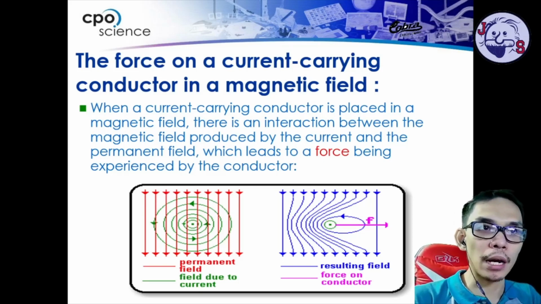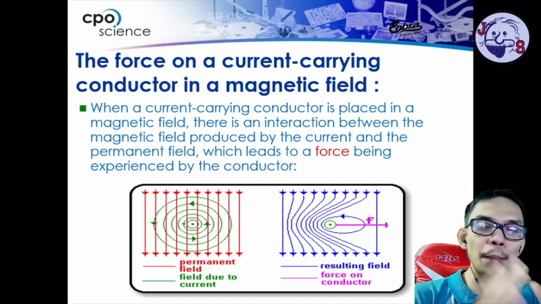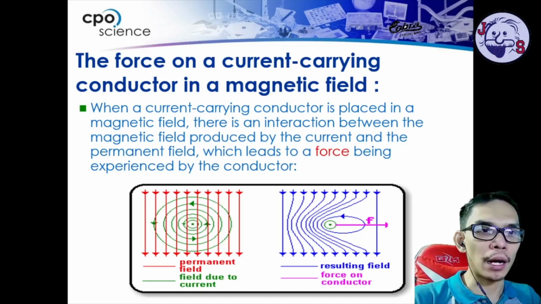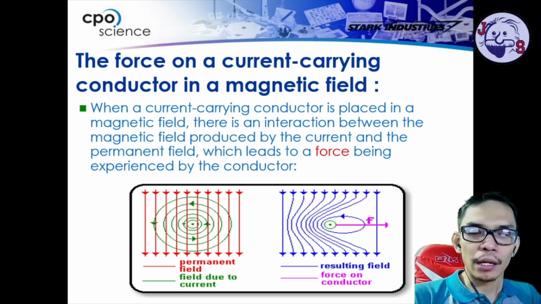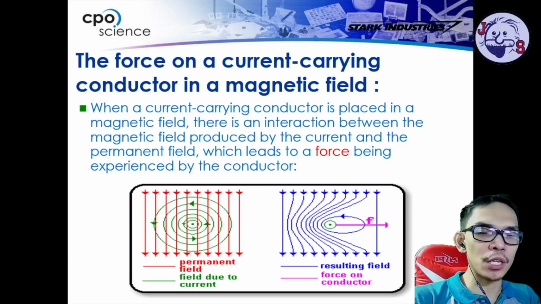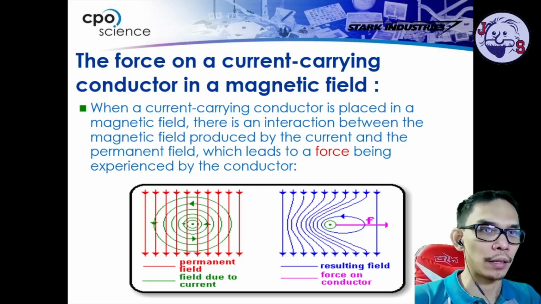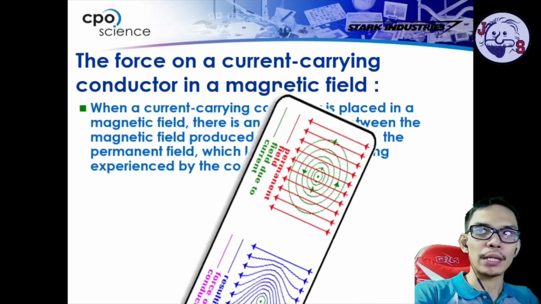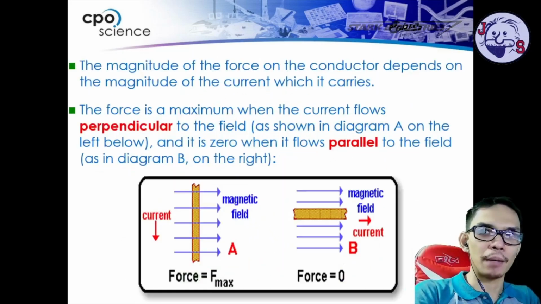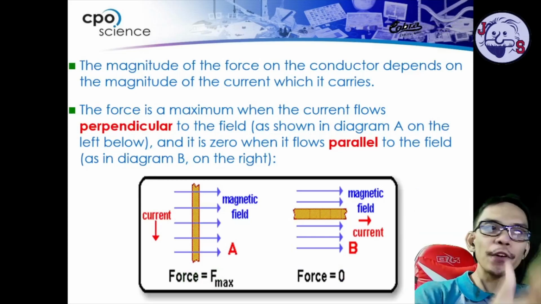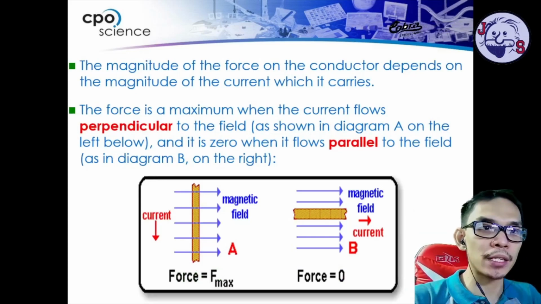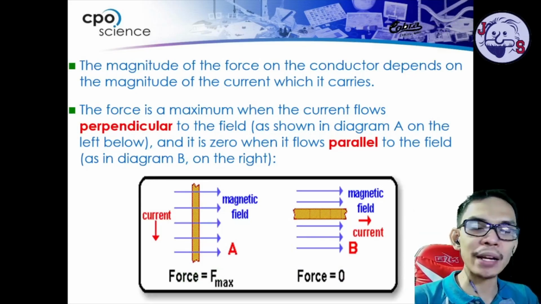Now the question is, what manner of motion? It depends on the position in which the conductor is placed in your magnetic field. That's the interaction. Don't forget that the current also plays its role in the magnitude of force.